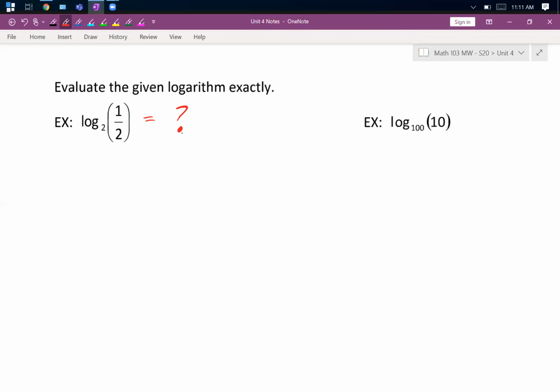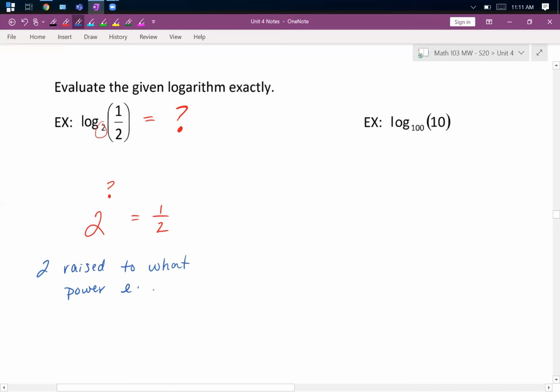Remember our bases are the same, so I'm going to start with exponential base 2 raised to the question mark equals 1/2. And now I'm just going to think about it. 2 raised to what power equals 1/2?